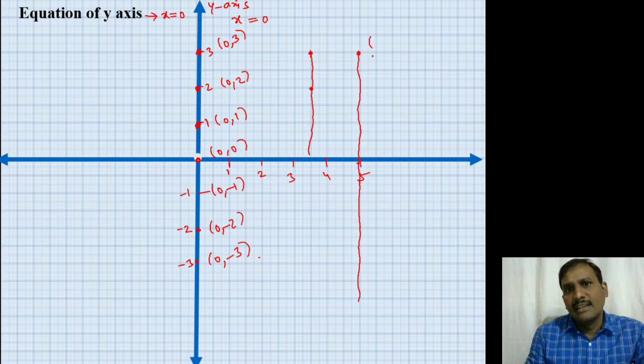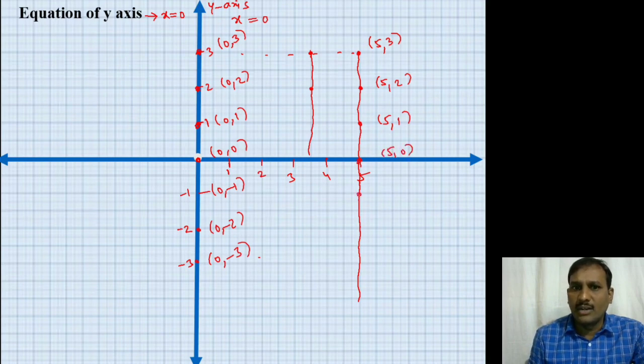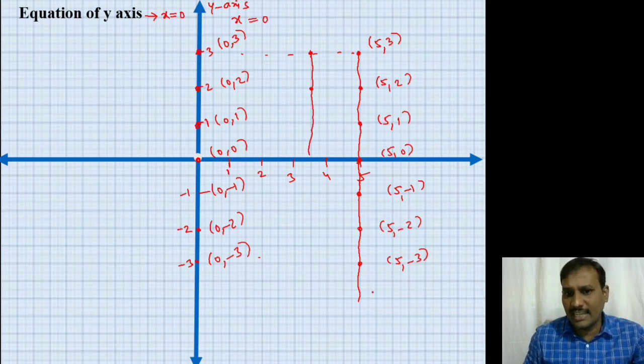It is representing 5 on x-axis and 3 on y-axis. So 5 comma 3, 5 comma 2, 5 comma 1, 5 comma 0, 5 comma minus 1, 5 comma minus 2, and 5 comma minus 3. Now what is common among all these? That is the x value, x is equal to 5.